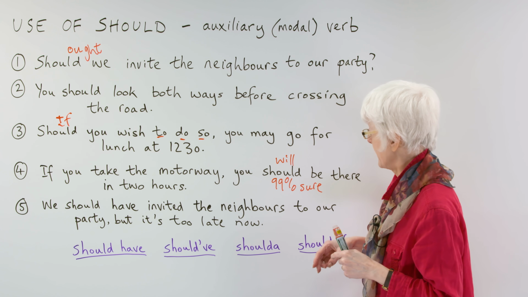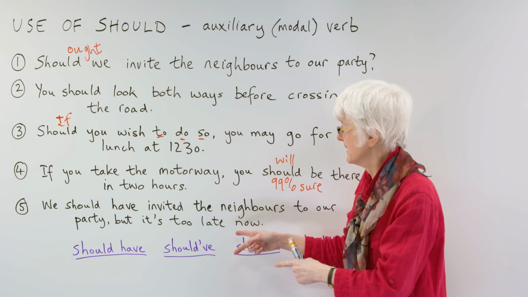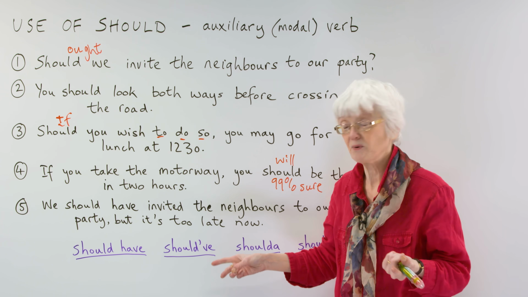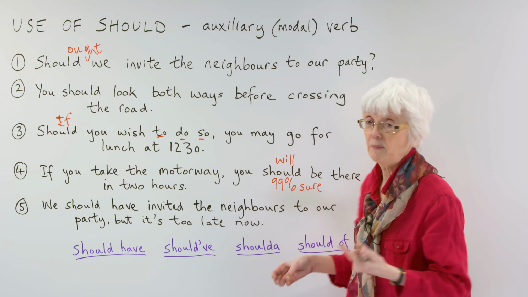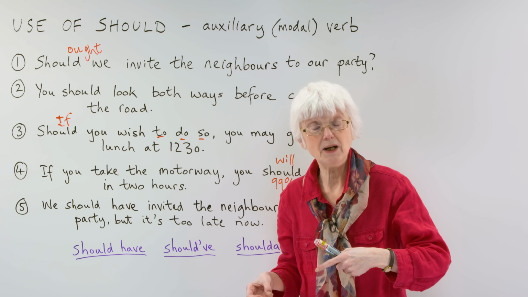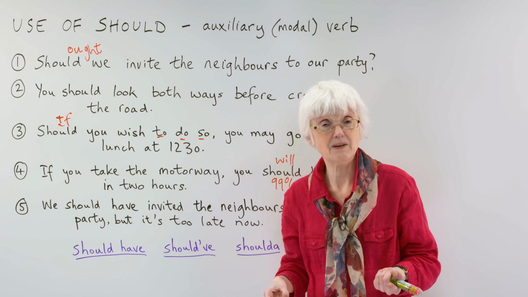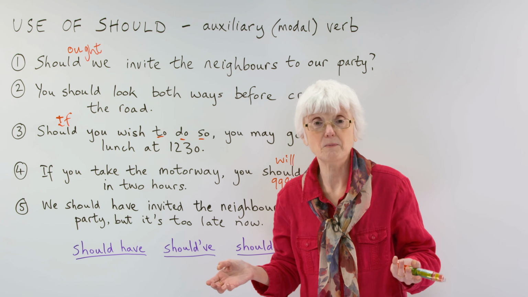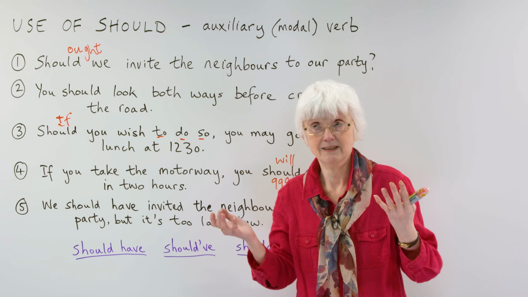Okay, and then finally, the neighbours are back again. So it looks like you didn't invite the neighbours to the party, and perhaps they were upset, either because you didn't invite them or because of the noise that was made at your party with maybe loud music and so on, going late into the night.